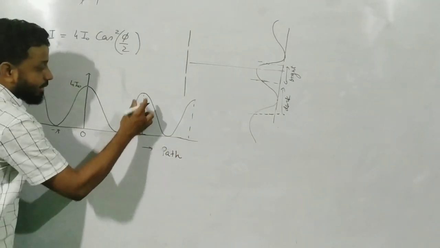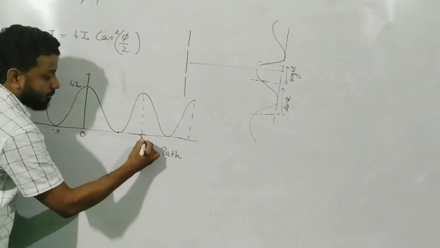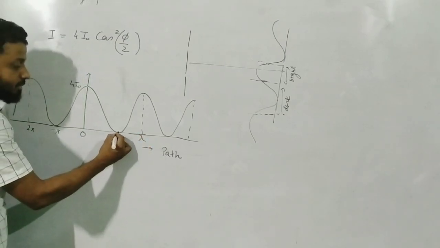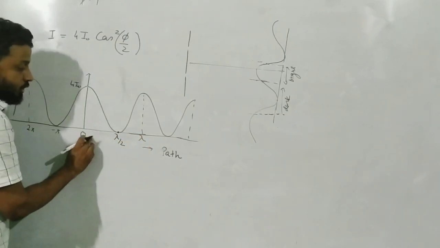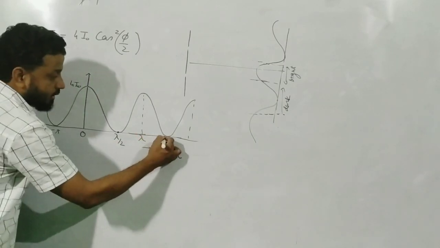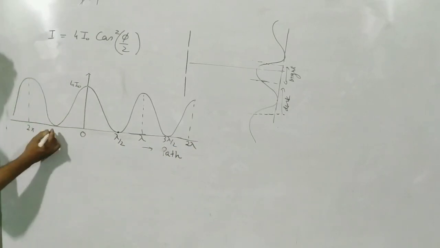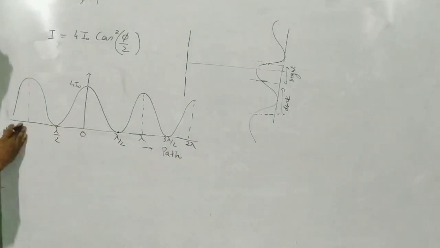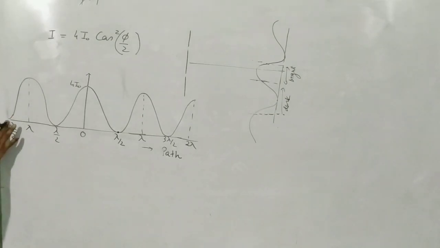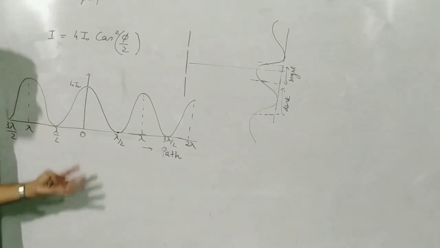Wherever there is a maxima, it has to be even multiples of lambda by 2, and whenever there is a minima, it should be odd multiples of lambda by 2. So 0, lambda by 2, lambda, 3 lambda by 2, and this will be 2 lambda, and so on over here. Minima means lambda by 2, maxima means lambda, and this will be 3 lambda by 2, and so on. So now the same graph has been changed with respect to path difference.